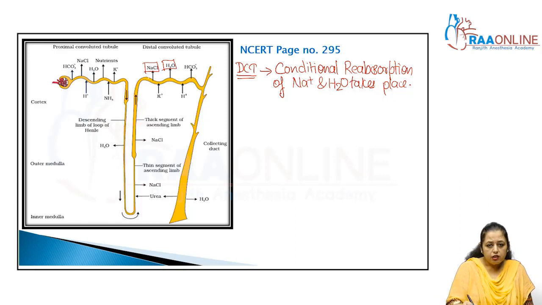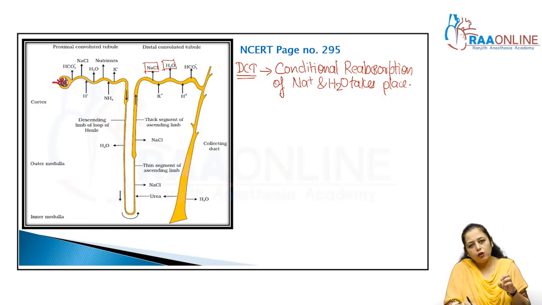As we can see here, why is it called conditional absorption? To maintain the concentration of urine, if there is excessive loss of water, then to absorb water in a passive manner, we have to absorb the NaCl. Because when NaCl is absorbed, automatically water is absorbed, since water runs behind the NaCl.